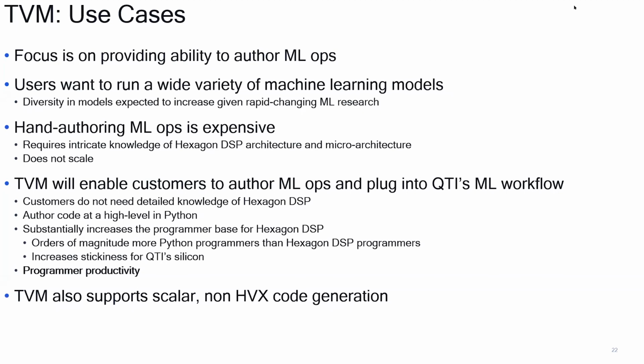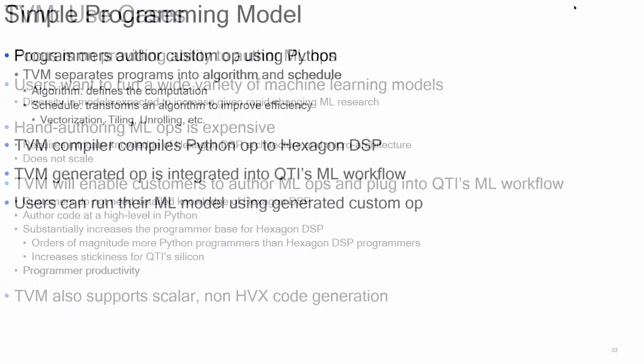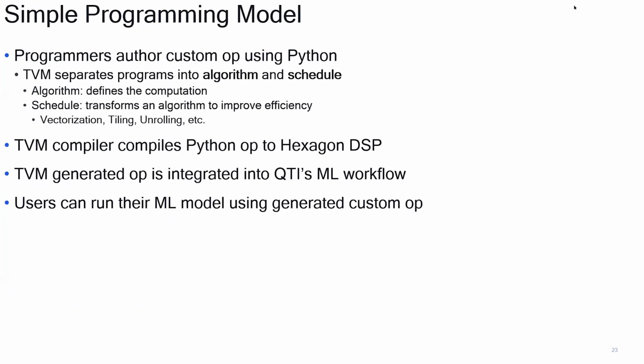TVM also supports scalar non-HVX code generation. So if you have some part which is not going to run on the DSP, TVM will also support the scalar part of the code. You need not be worried about it. Programmers will author custom ops using Python, and TVM will separate them into algorithm and schedule, exactly like Halide, as we discussed a little while back.